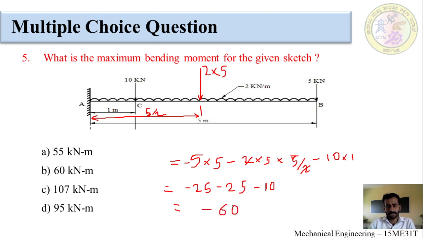So, the correct answer is option B, which is 60 kilonewton meters. Ignoring the sign conventions, we are only considering the value, which is 60 kilonewton meters.